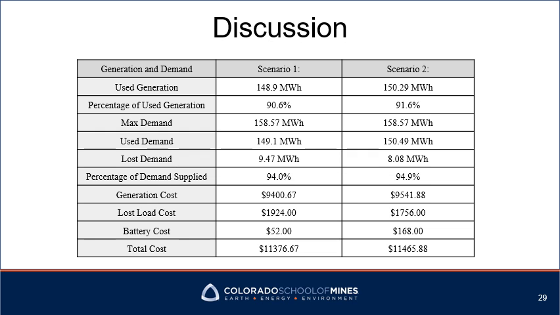Wrapping up, the 2 scenarios used in method 1 varied by the lost load costs that were assigned to the various loads in the setup of the problem. The results between these 2 scenarios were quite similar in many ways. The percentage of supplied demand only differed by 0.9% between the 2 scenarios, and the percent difference in the total costs, seen in the last row on this table, only differed by 0.7%.